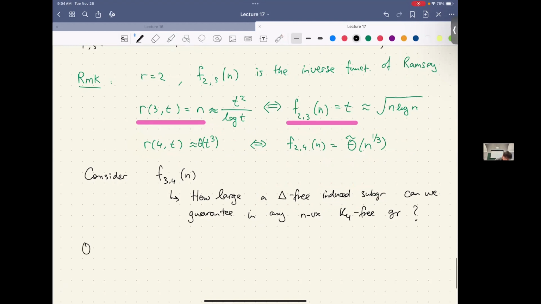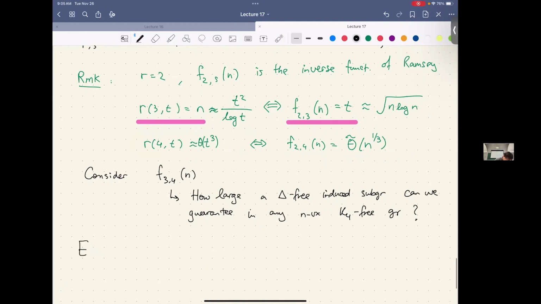Observation. Easy to see. By Ramsey number R4T is at most t cubed up to some constant, we get, so it's the inverse function. The upper bound on the Ramsey gives a lower bound on the Erdős-Rögter.